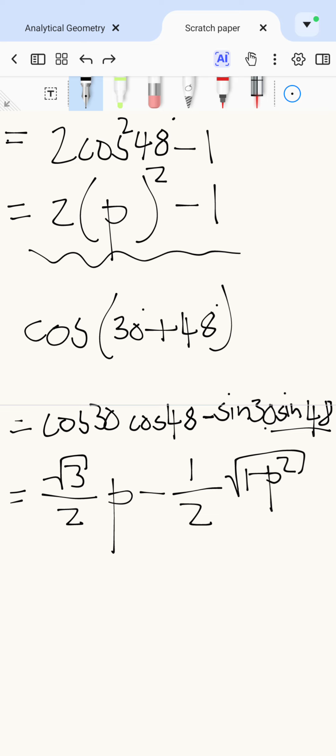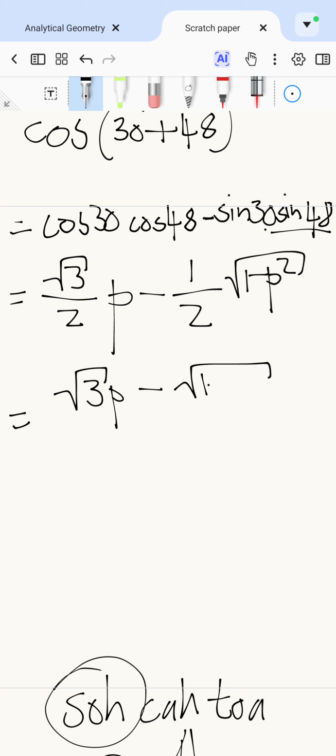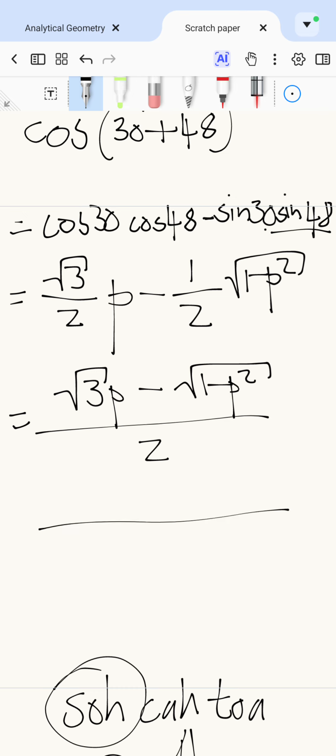Okay, so both of these are over 2, so they have the same denominator, so we can add them. So let's just add one more step here, and this will be square root of 3 p minus square root of 1 minus p squared, all divided by 2, and that is our answer.